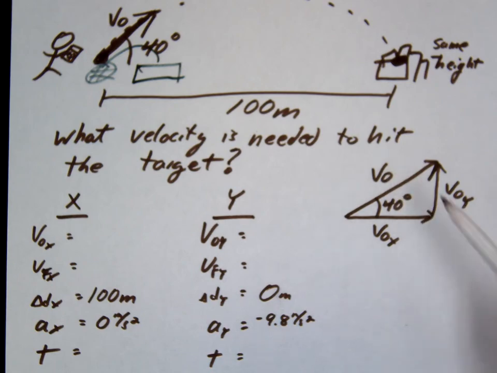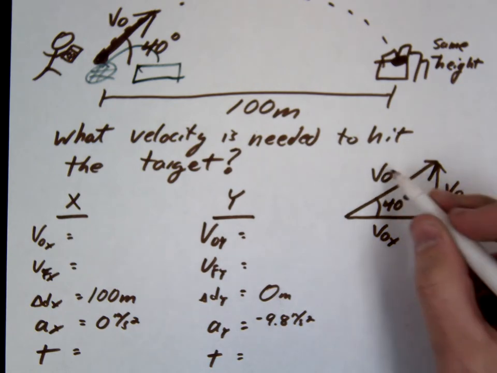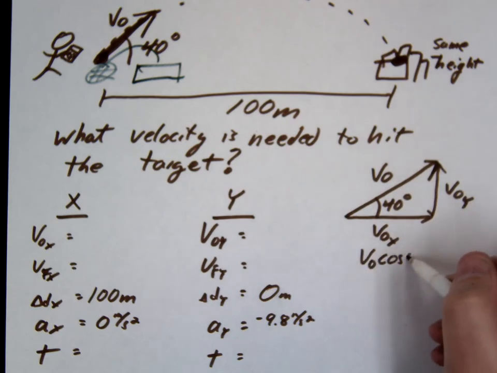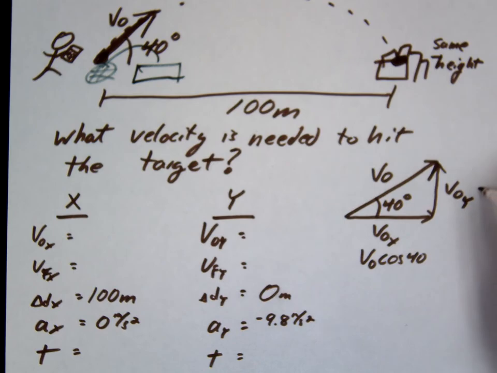So we're going to do that, except it's not 20, so we'll simply call that V0 cosine 40. And we'll call this V0 sine of 40.